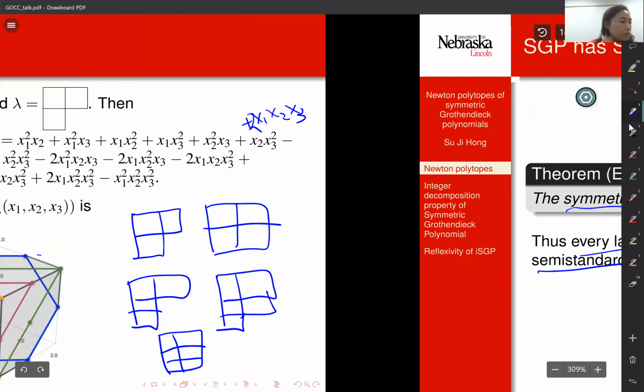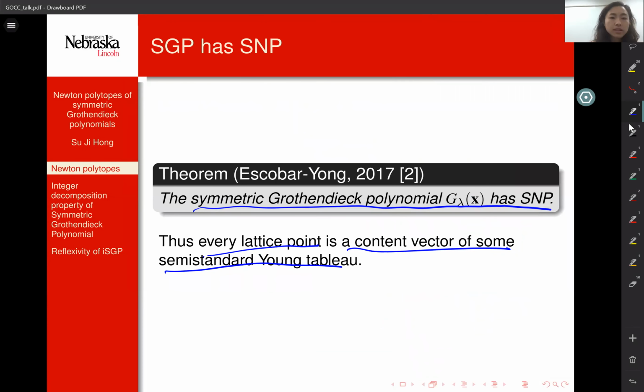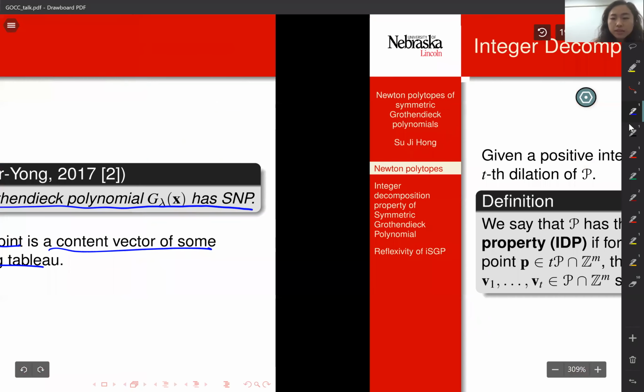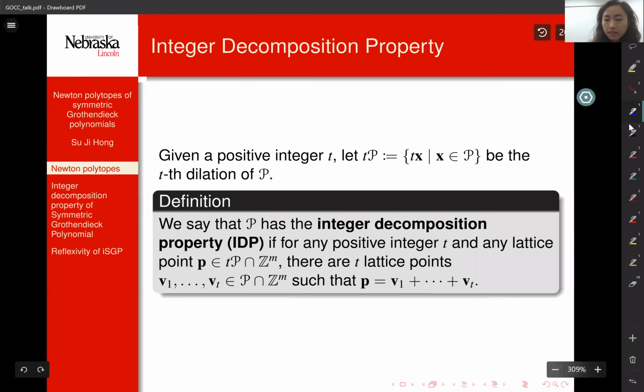Another property we look at with the lattice polytope is the integer decomposition property. We first need to look at the t-th dilation of a polytope.